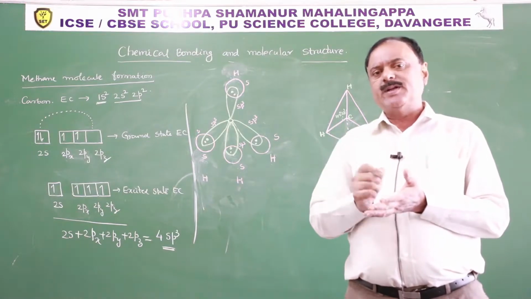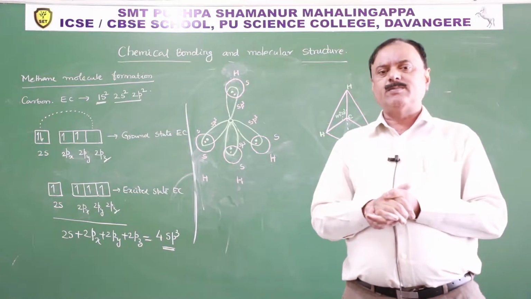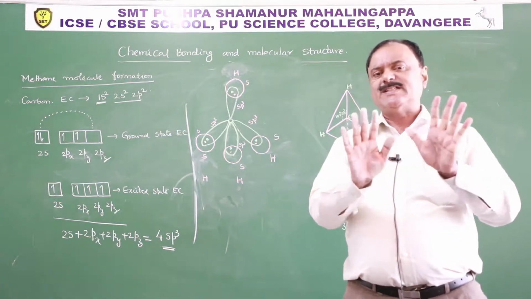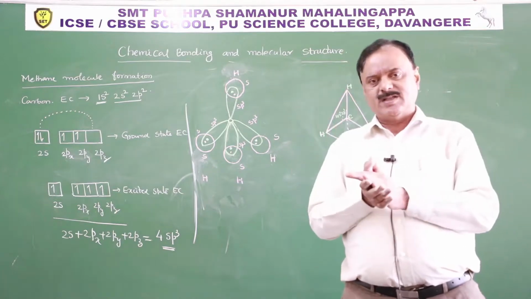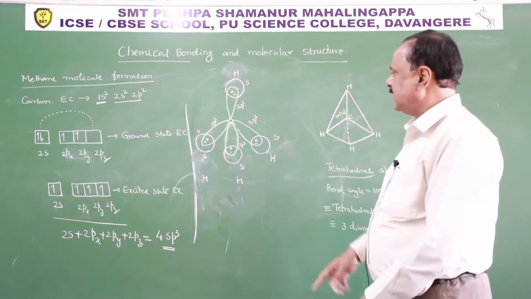Therefore, if the carbon atom forms a covalent chemical bond with a neighboring atom by means of a single covalent chemical bond, then it would be sp3 hybridized. In methane, we have sp3 hybridized carbon. Yes, sp3 overlapping.